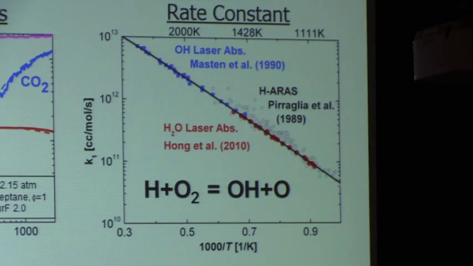So the gold standard experiment is, well, let's measure that rate coefficient by itself, in the absence of other competition. And we've done that in this experiment. These were experiments by one of my students in 1990 using OH laser absorption. These red ones are more recent experiments, about 5 years ago, in which we measured other species.